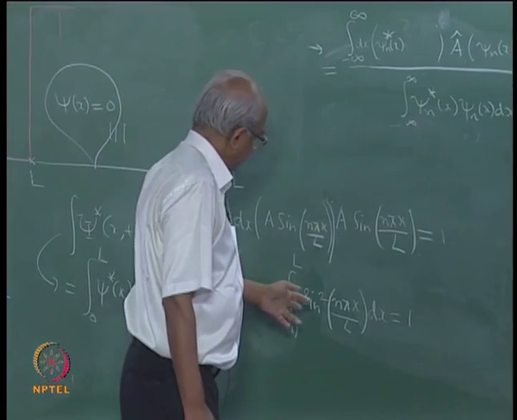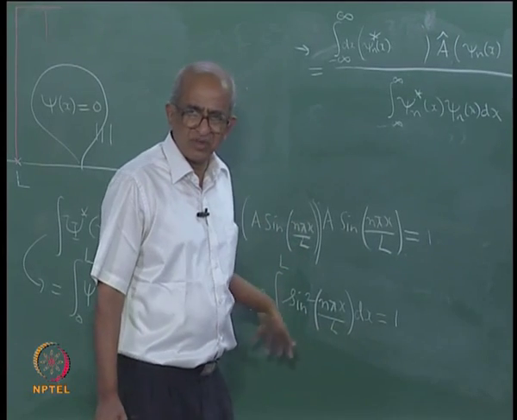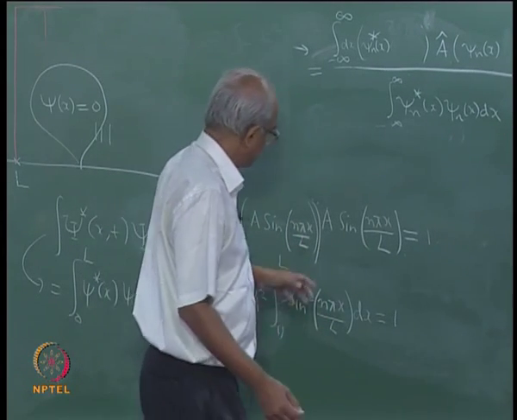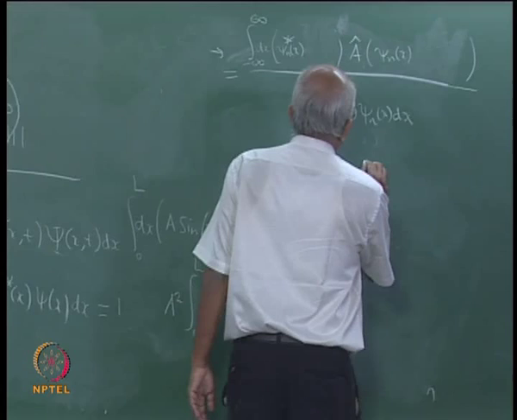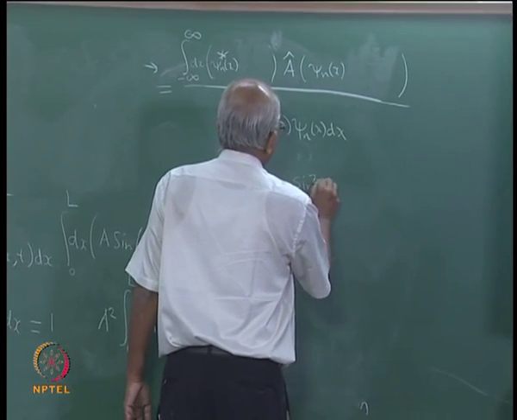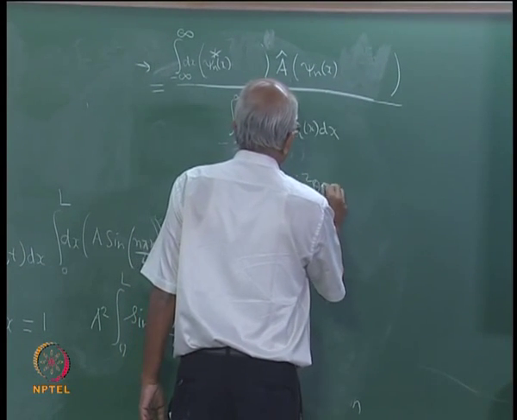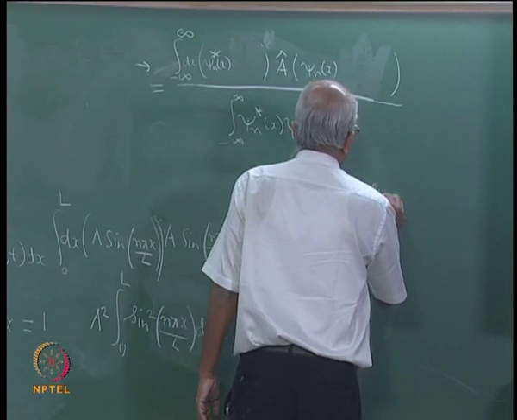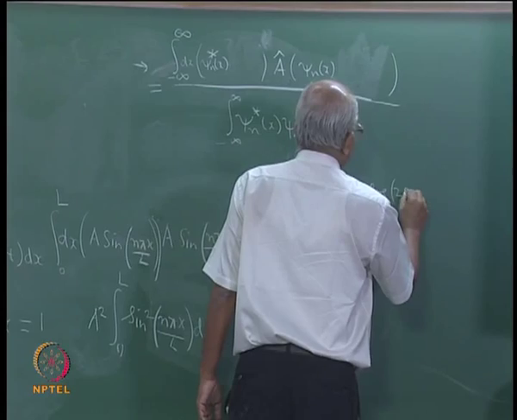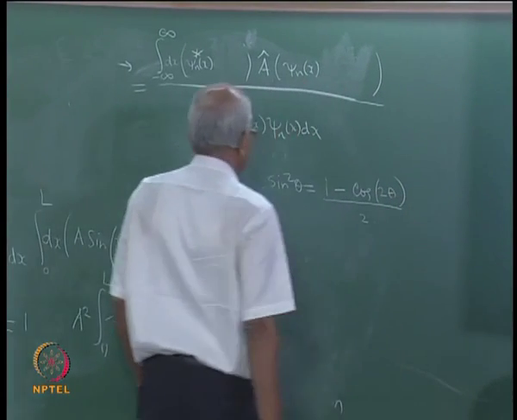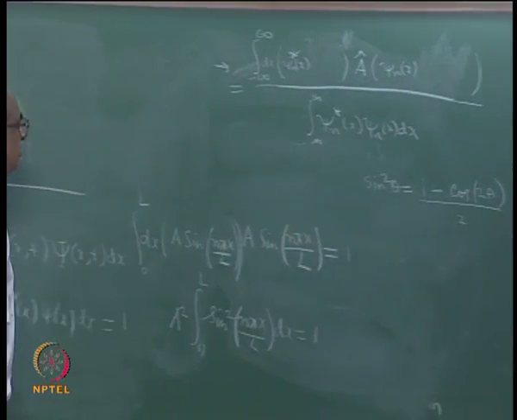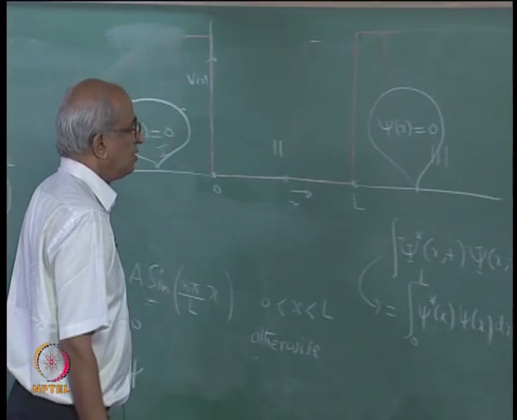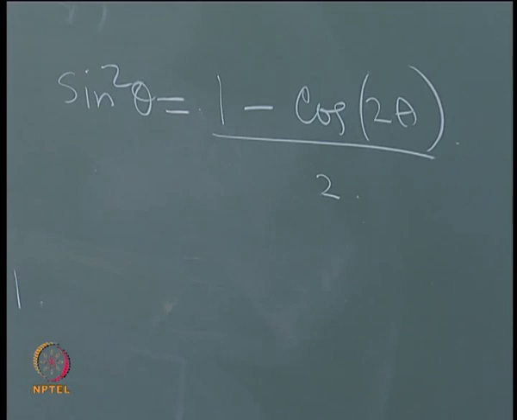Now, how will you do this integral? I will very quickly tell you, because this is fairly straightforward. There is a trigonometric identity which says that sin square theta is equal to 1 minus cos 2 theta divided by 2. So, you can use that trigonometric identity in here.